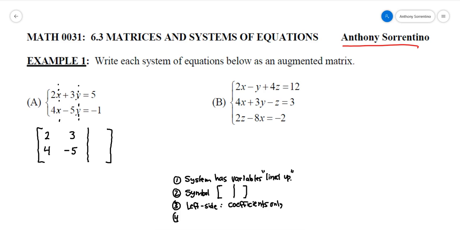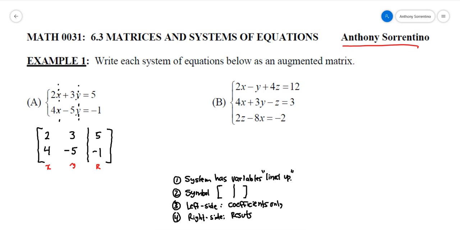And then, of course, the right side are the results, or essentially the numbers that the equations are set equal to. So 5 and -1. And basically this lets me know that I have an x column and a y column, and I have, of course, my result column. That's what an augmented matrix looks like.